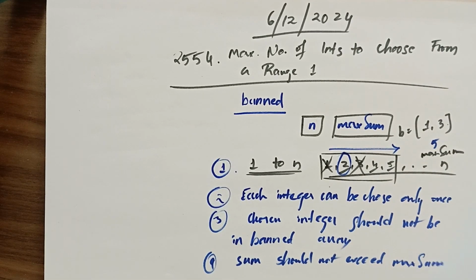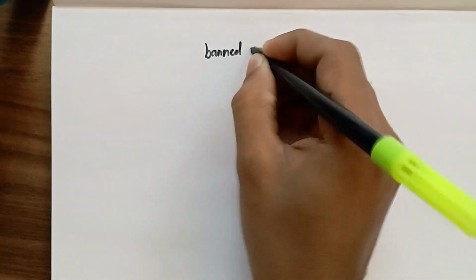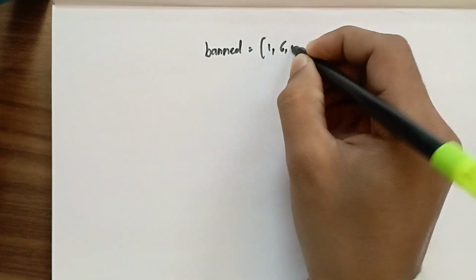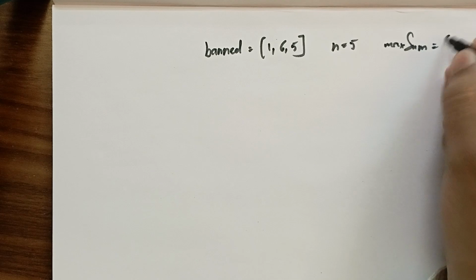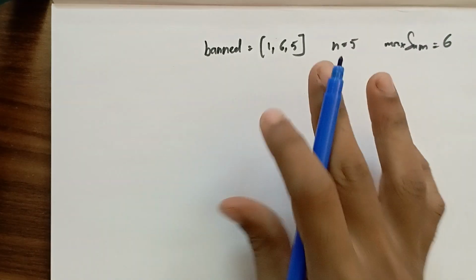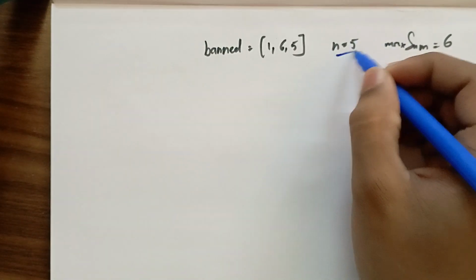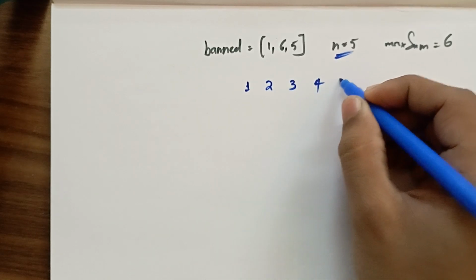So let us go with an example firstly. In the first example, we are given with band array 1 6 5 and n is equal to 5 and maximum sum is equal to 6. So in this case, let us see from 1 to n firstly: 1, 2, 3, 4, 5.